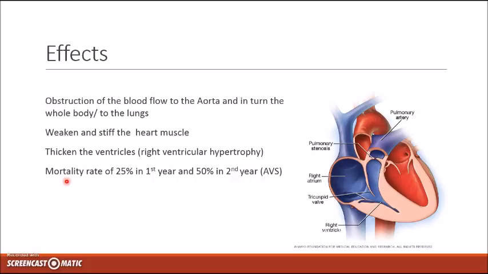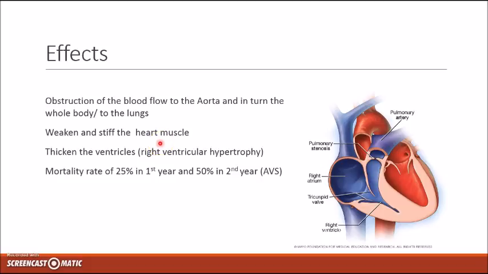As for the effects of pulmonary or aortic valve stenosis, first of all, in the case of the aorta, the obstruction of blood flow would decrease the oxygenated blood flow to the body organs, as well as force more pressure, or we can say more effort, on the heart muscle, which in turn can lead to weakening and stiffening of the heart muscle.